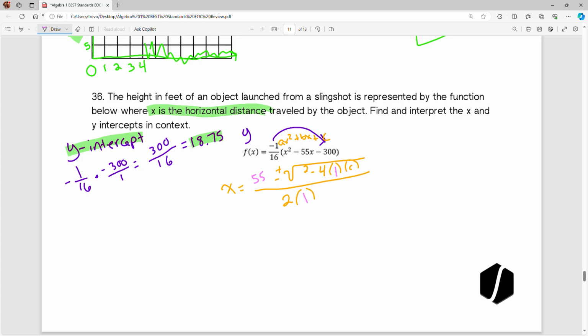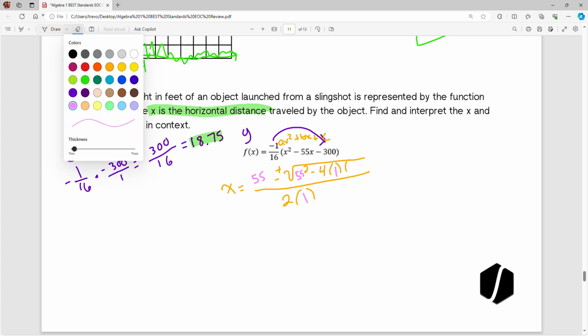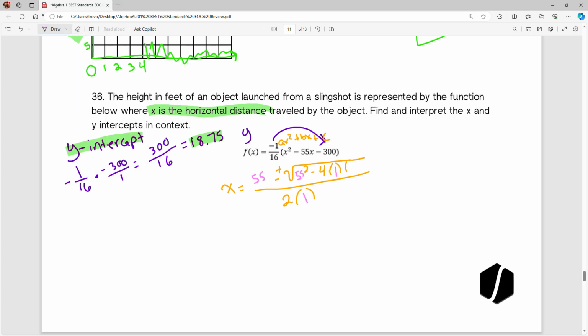And negative 55 squared is going to turn positive anyway, so that negative can go away. And then for c, I'm going to plug in negative 300.